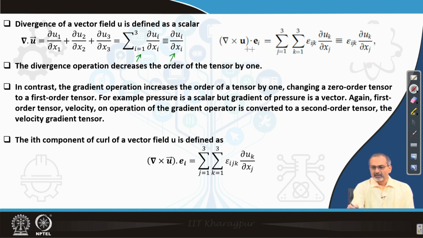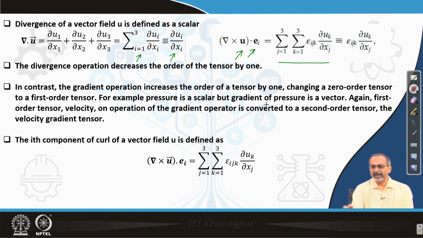The cross product del cross u, which will basically give you a curl, when dotted with ei, that is the unit vector along the i direction, will give you a kind of double summation like this, what we have indicated, where j varies from 1 to 3, k varies from 1 to 3.